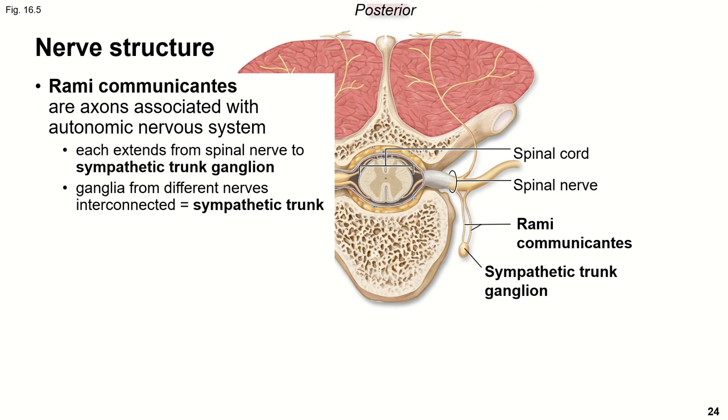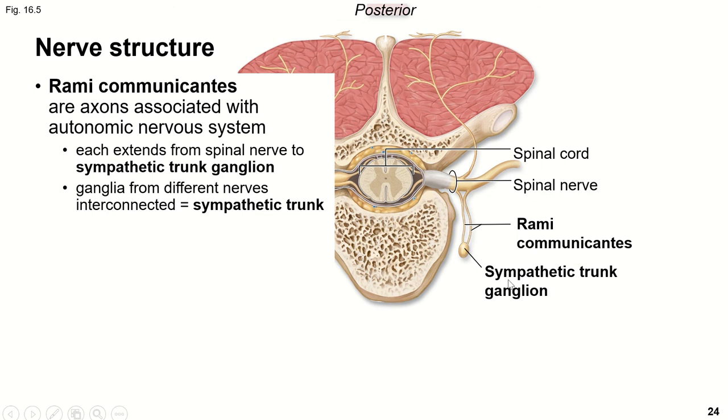These are going to extend from this anterior ramus out to this ganglion and back. But these different ganglia are also going to connect up and down the vertebral column to carry signals and integrate signals to different parts of the trunk of the body, in particular the internal organs.